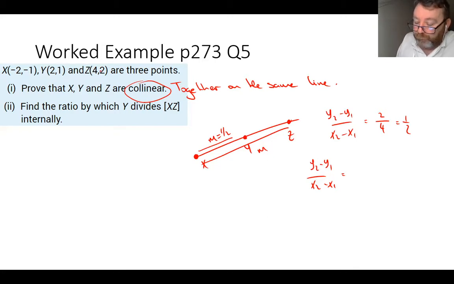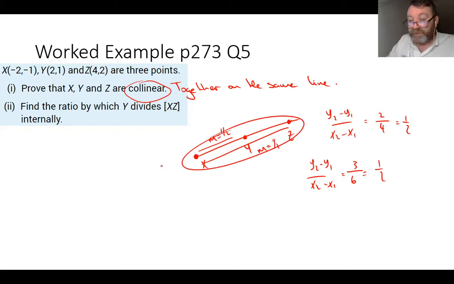That becomes 2 minus minus 1, which is 2 plus 1, which is 3. Over x2, which is 4, minus minus 2, which is 4 plus 2, which is 6. Hey presto, xy has exactly the same slope as xz, so therefore x, y and z are collinear. They are together on the same line.